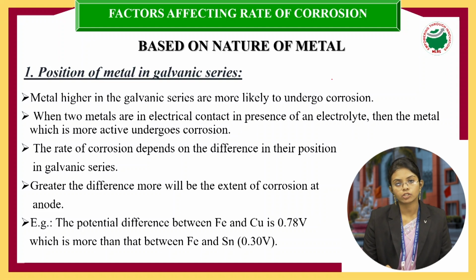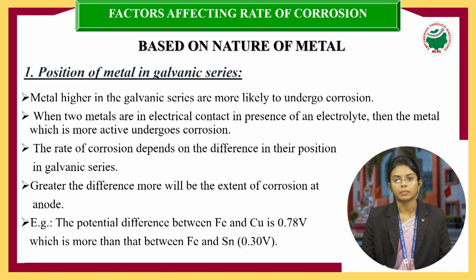Based on the nature of the metal, the first one is the position of the metal in the galvanic series. If you observe the galvanic series, the metals are arranged according to their reduction potential. That means the metals which have a low reduction potential are placed at the top, and the high reduction potential metals are placed below.